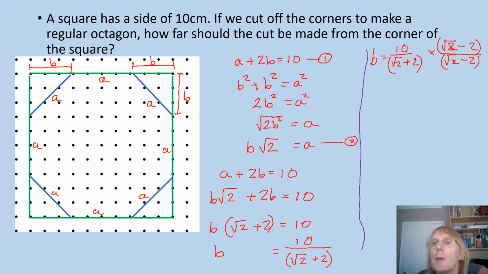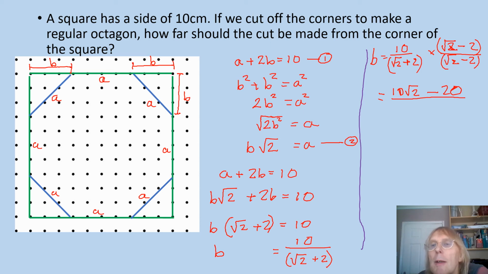So on the top, our numerator is just going to be 10 times that bracket, so 10 times each term of the bracket. So 10 times root 2, we're going to have 10 root 2. And minus 10 times minus 2 is 20.